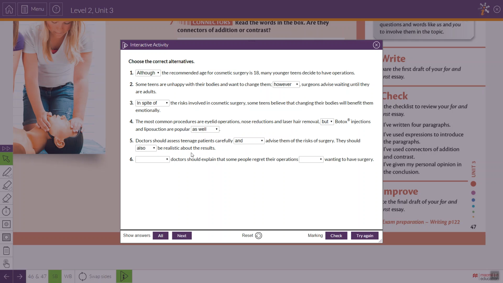So as you can see, they are adding facts or arguments. Okay. And the last one, doctors should explain that some people regret their operations despite wanting to have surgery. So what's more, doctors should explain that some people regret their operations despite wanting to have surgery. All right. So you've got contrast, you've got addition there.